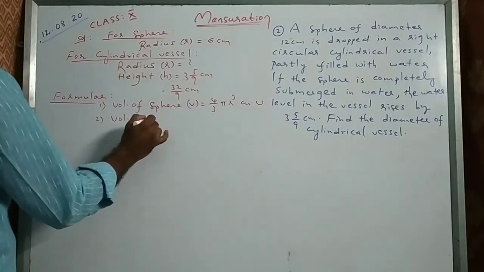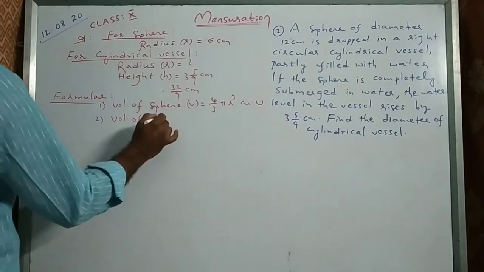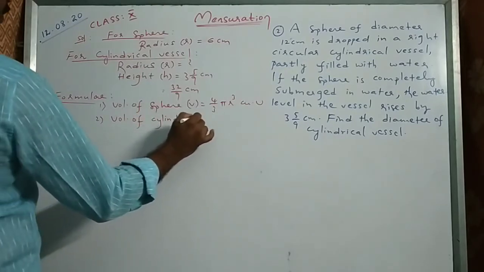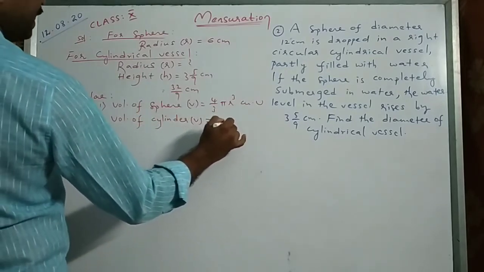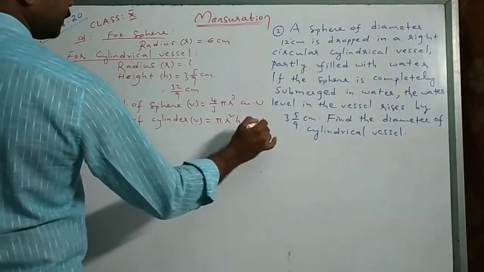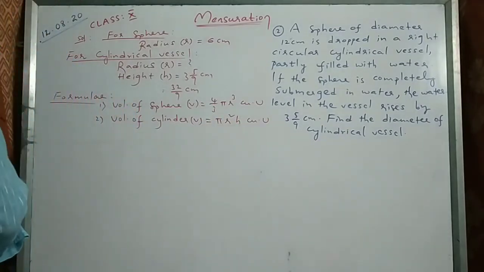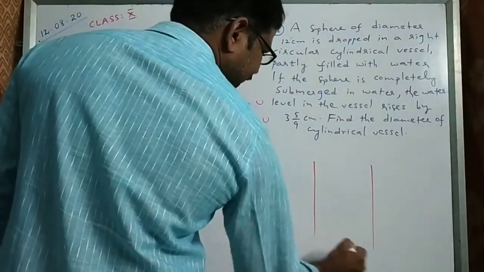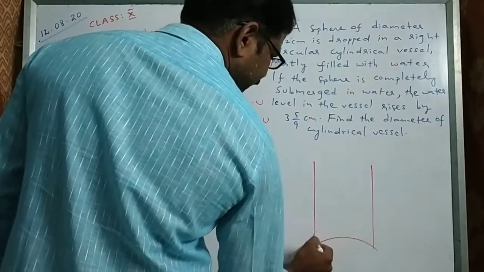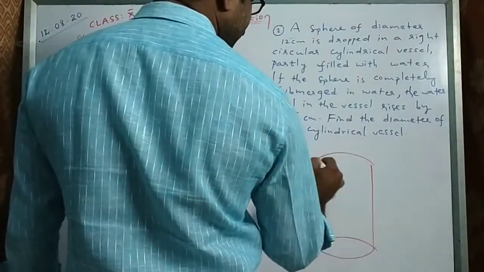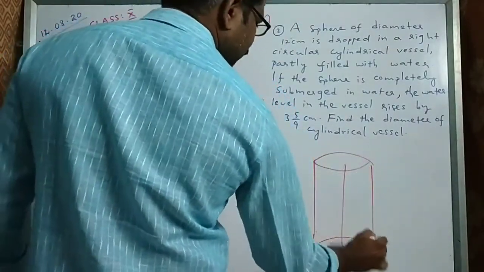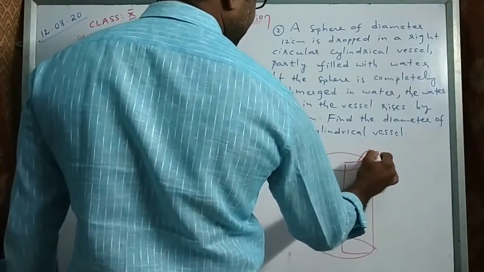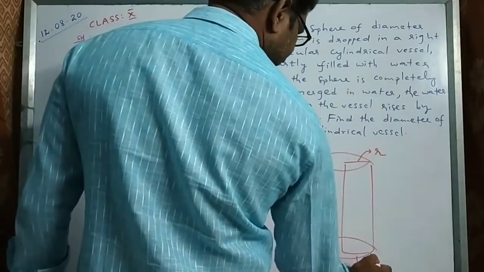Volume of cylinder, pi r square h, right? So here clearly it is understood. It is a cylindrical vessel. Radius we should find.